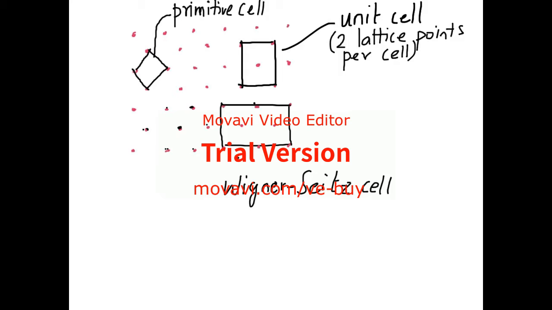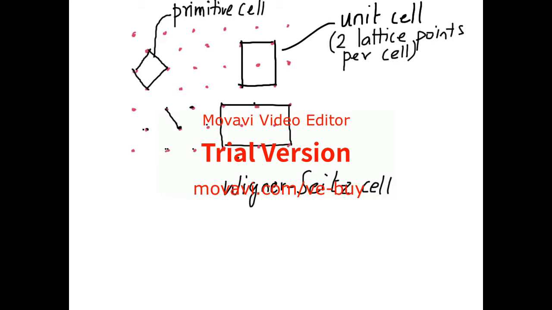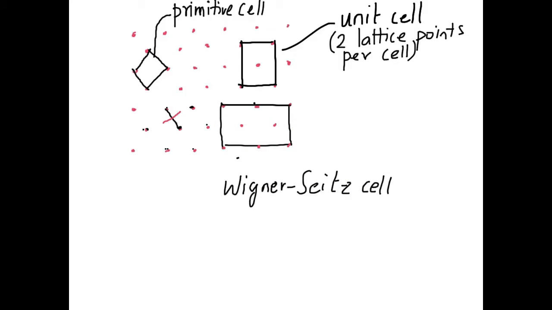Next, let us consider the line that connects our original lattice point to the 6 nearest neighbors. Let's draw one of them. And let's now create a perpendicular bisector of that particular line, which I'm going to draw in red, which is like that. Likewise, we draw the perpendicular bisector for all the other lines that connect our original lattice point to the nearest neighbor lattice points.